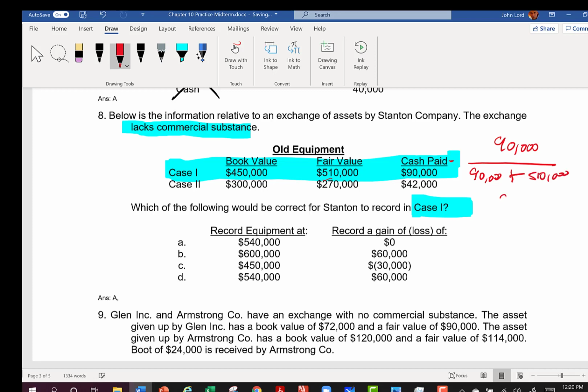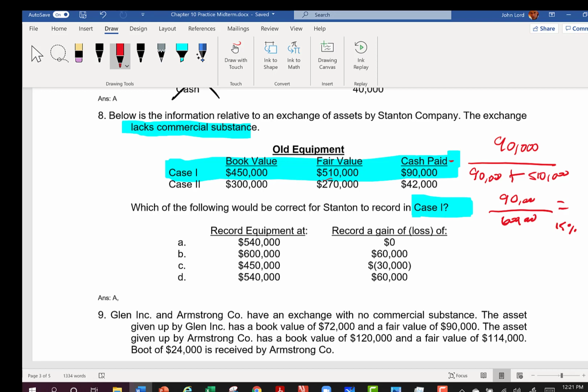So that gives me 90,000 divided by 600,000, which is 15%. That's less than 25%, so I know that Stanton will not take any gain, because they didn't receive cash and the cash was less than 25% of the total consideration.